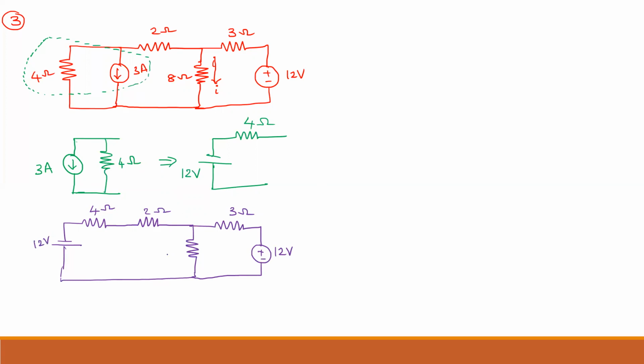Now, what is this resistance? 8 ohm. I should not disturb this because I have to calculate the current. Now, you see that this 4 ohm and 2 ohm are connected in series. 4 and 2 connected in series, what is the equivalent resistance? 6.